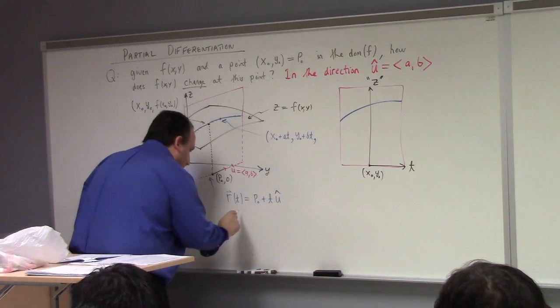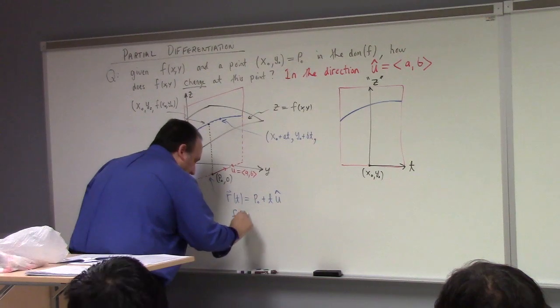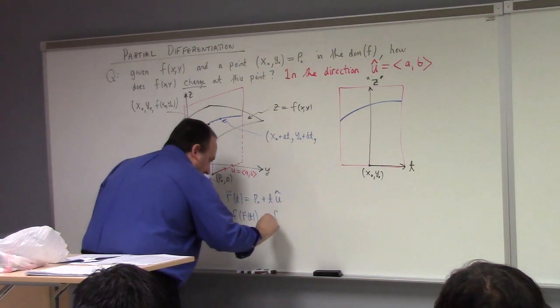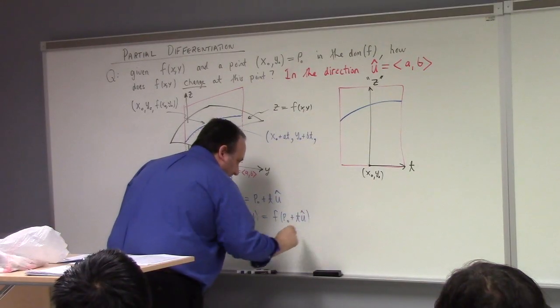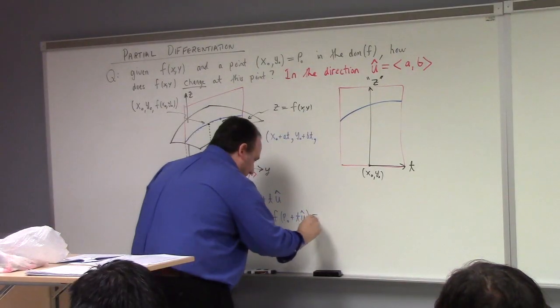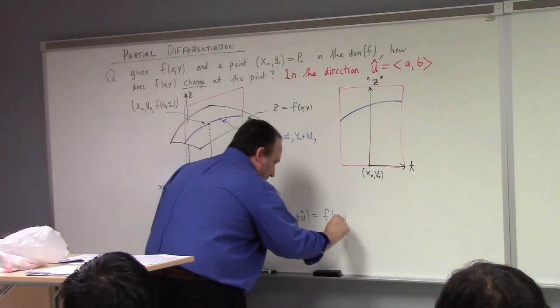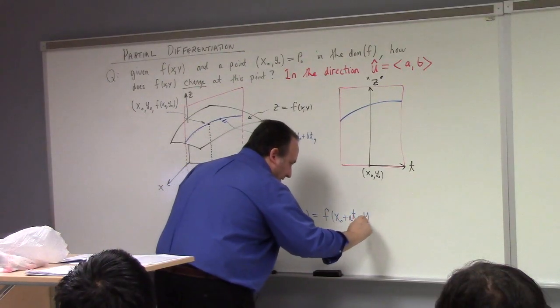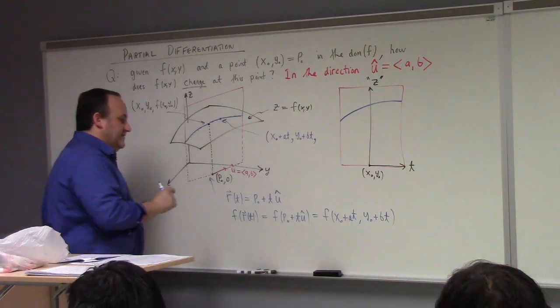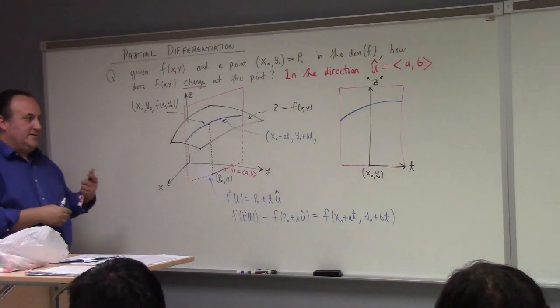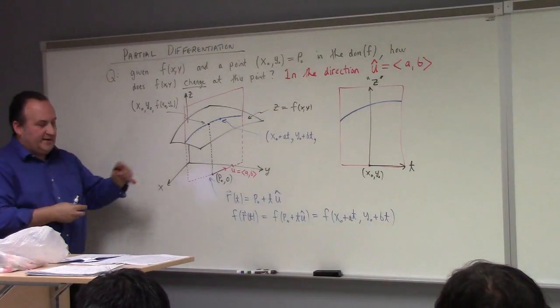And then if we look at f of that r of t, we're looking at f of p naught plus t times u hat, which is explicitly f of x naught plus at, comma y naught plus bt. Those are the values of the function I'm interested in to understand how the function's changing at the point x naught, y naught.